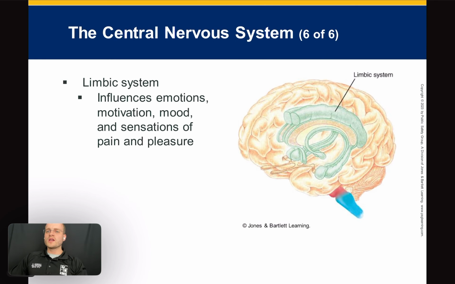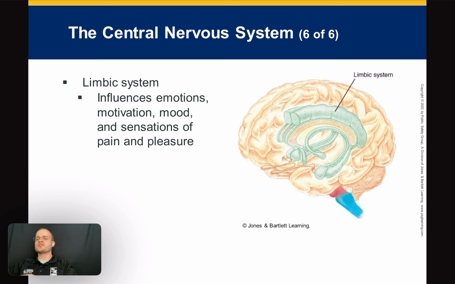Now, the limbic system, and it's really weird. I've seen this tested, like they just straight up ask, which of the following influences emotion, behavior, mood, motivation, pain, pleasure? It's the limbic system. Okay. It's made up of three parts, but basically you need to know that the limbic system is this system that regulates, for the most part, emotion. So it can make you really happy or really mad, or it could make you want to go sing karaoke or not sing karaoke.